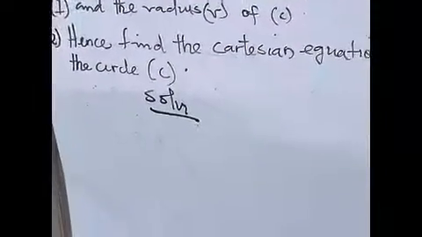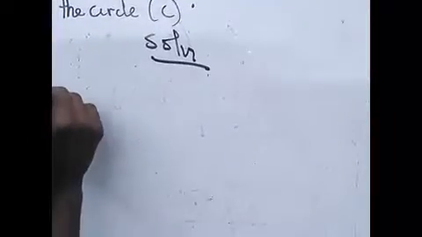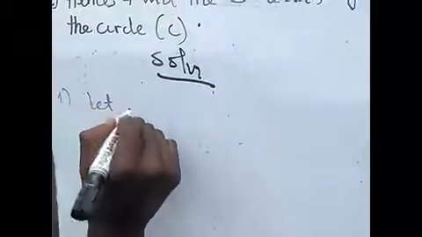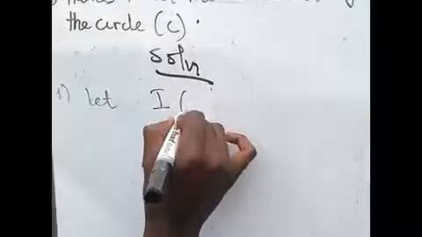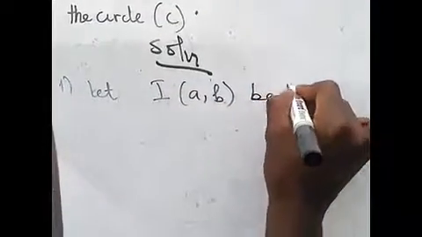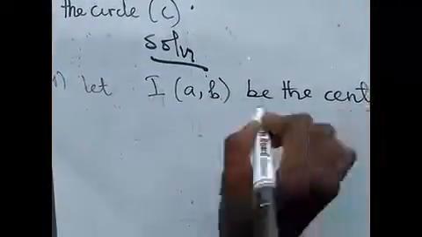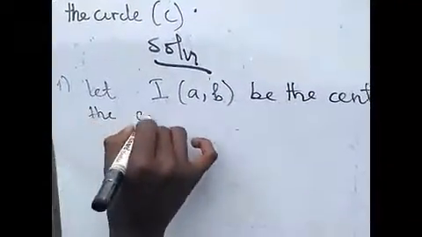So let's calculate the center of that circle. We are simply going to say, let I(a, b) be the center of the circle.